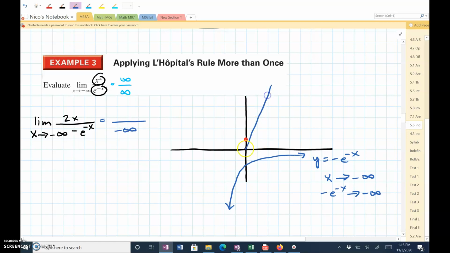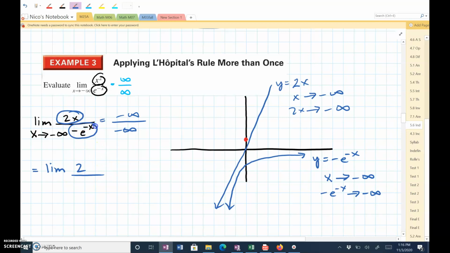Here is the line y equals 2x. So if x goes to negative infinity, this 2x would go to negative infinity. So that still would be indeterminate. So now we've got to use L'Hopital's rule again. If I take the derivative of this, it would be 2. If I take the derivative of this, it's going to be positive e to the negative x.